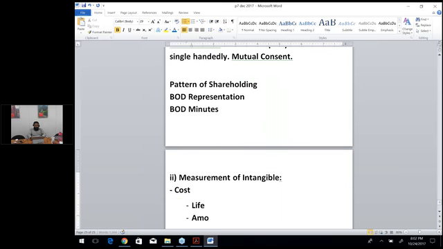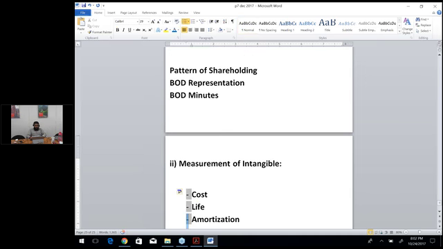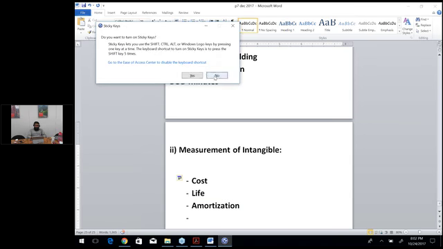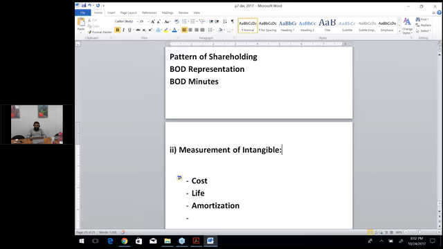Number three, the amortization. So it's actually about the cost, the life, the amortization, and also about the impairment testing.